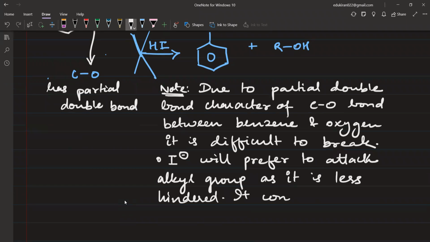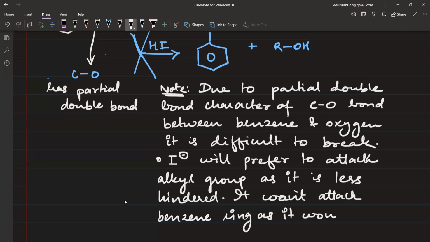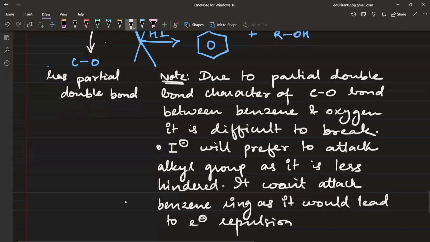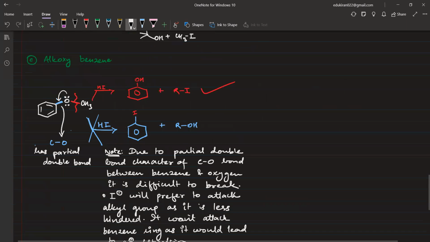It won't attack the benzene ring, as it would lead to electronic repulsion, because iodine negative is also electron rich and benzene is also electron rich. So write this down.